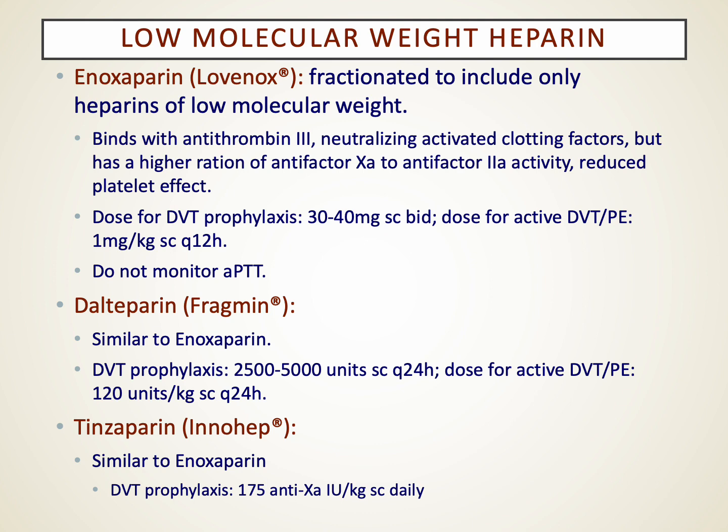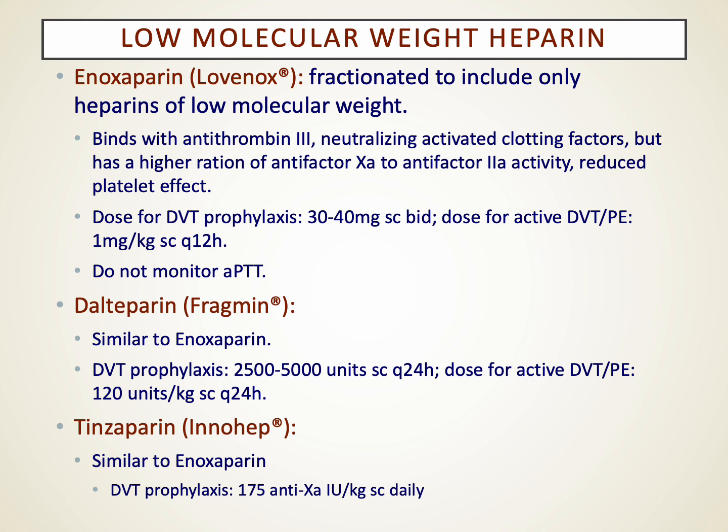When you're looking at a low molecular weight heparin, you still worry about bleeding risk. To some degree, you're still looking at heparin-induced thrombocytopenia, although that risk is probably considerably lower than it is with unfractionated heparin. In addition, you want to be very careful in dosing low molecular weight heparin about what your goal is. Is your goal to prevent a clot, to prevent a DVT? In that circumstance, for example, a hospitalized immobile patient, you look at a low dose: 30 or 40 milligrams subcutaneously once or maybe twice a day, depending on the indication for use.